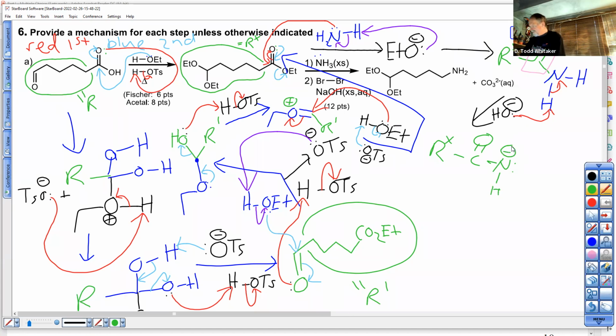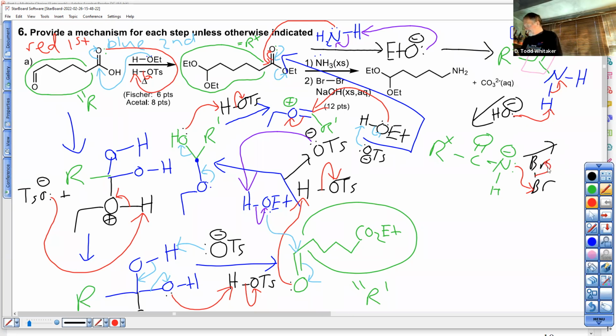A strong nucleophile that will attack Br2. In this fashion, attack, leaving group leaves.